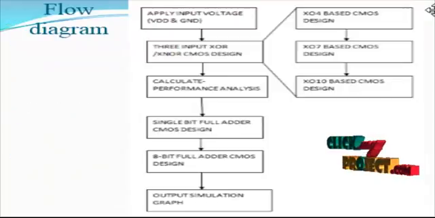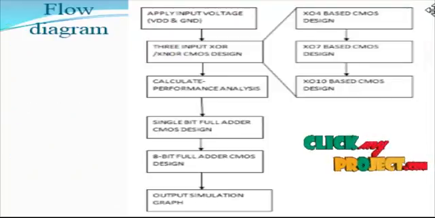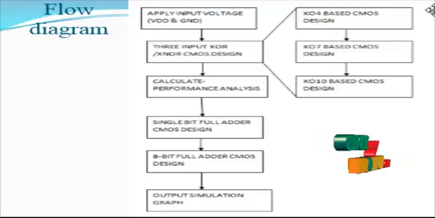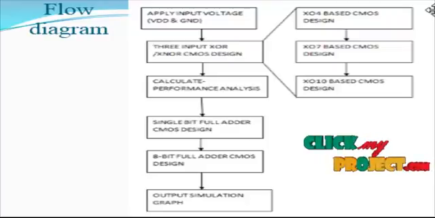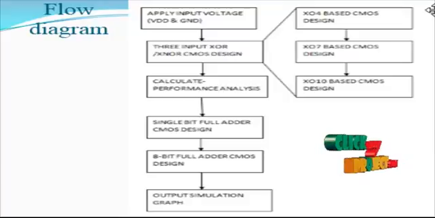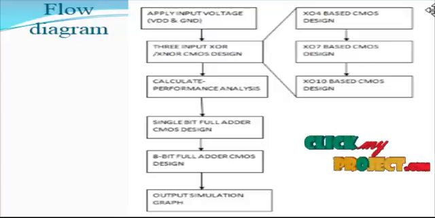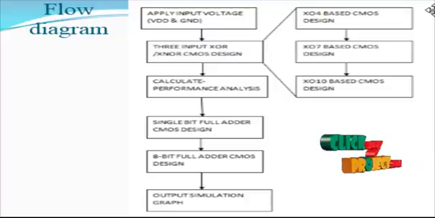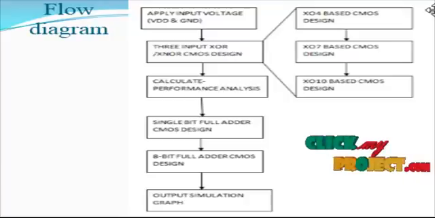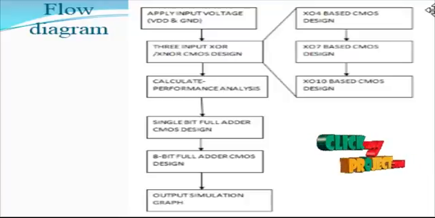Next we see the flow diagram for the project. First we apply the input voltage VDD and ground based on our input section for the overall 3 input XOR XNOR CMOS design. This design consists of the X0 based CMOS design, X07 based CMOS design and X010 based CMOS design. These designs are placed to provide XNOR and XOR functions in the same CMOS design circuit.